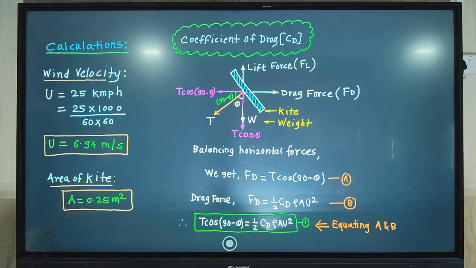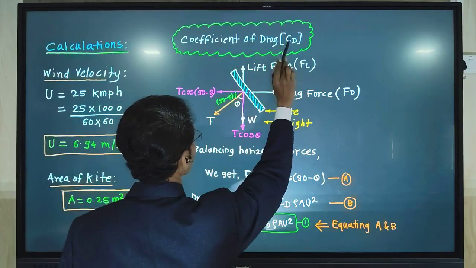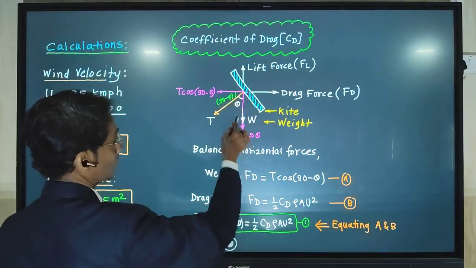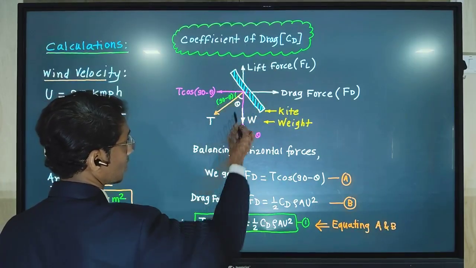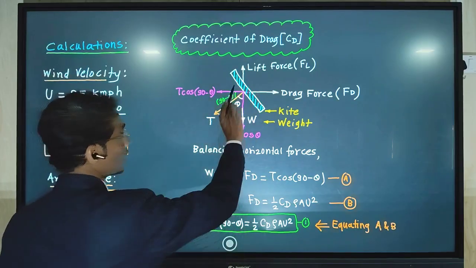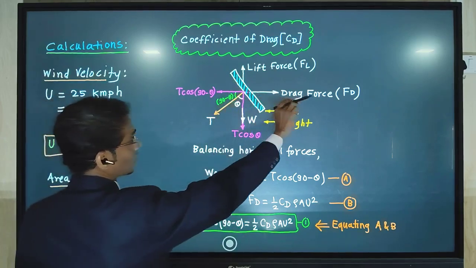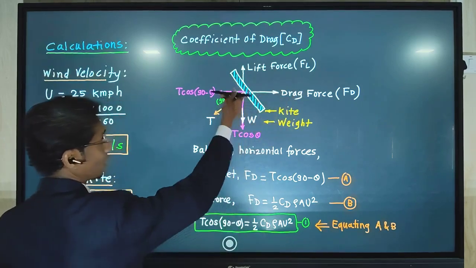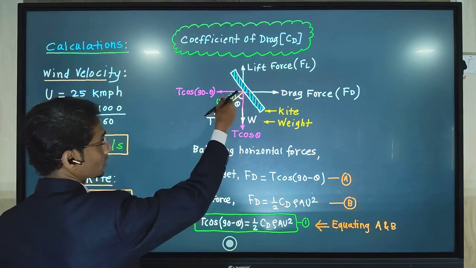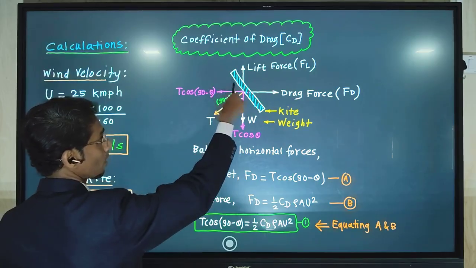Area of kite in meter square is given. In order to calculate coefficient of drag, that is the value of CD, let us use the force diagram. So here this is a kite. On the kite, this is a weight which is acting in a downward direction. Lift force, upward direction. Then this is a drag force which is acting in horizontal way. And this is a string tension component. Now this string tension component, T, is resolved into two components.